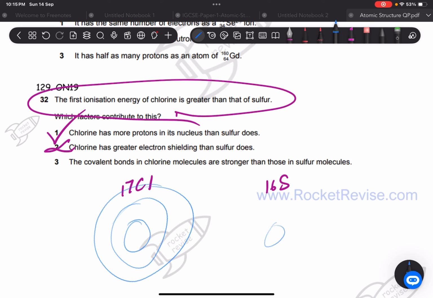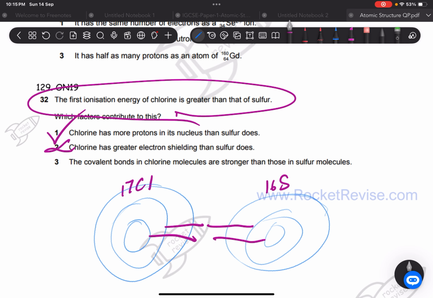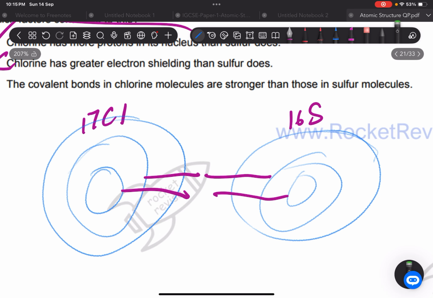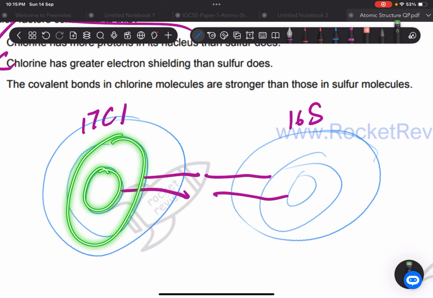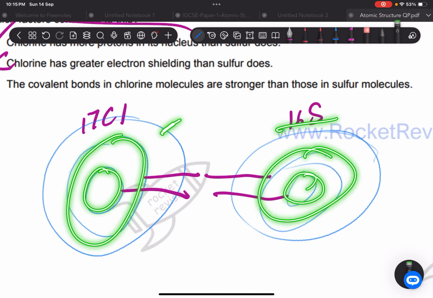For sulfur, first shell, second shell, and the third shell. Sulfur has 6 electrons in the last shell, chlorine has 7, but in the inner shells, they both have 2 shells that are shielding them, the first and the second shell shielding the valence shell.